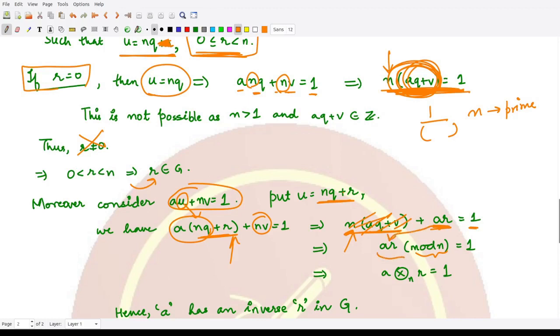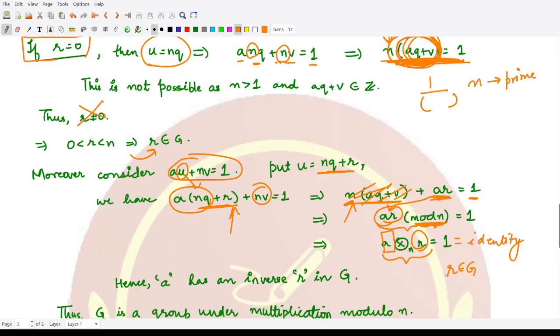So you can write ar, we are multiplying two terms a and r, and then you are taking mod n. So what is it? It is nothing but the multiplication modulo n of a with r. So you obtained this as equal to 1, which is what? The identity of the group. So that means for any arbitrary member a from G, you have obtained r from G such that when you apply this operation, you get the identity.